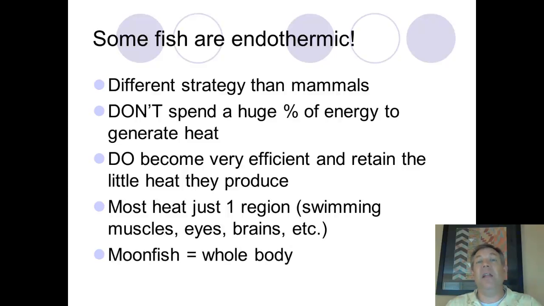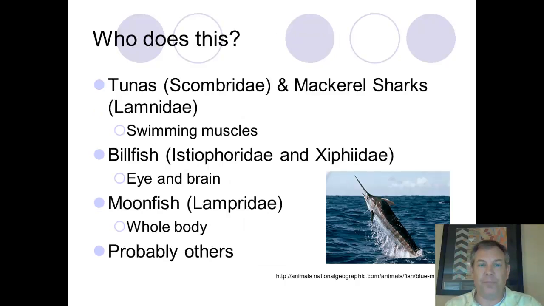Now, that is what makes the moonfish so interesting, because this is a fish, and it's probably the first one ever discovered, in which the entire body stays at an elevated temperature, and that is including the heart. And when you read the paper, they make a big deal about how the heart stays a little bit warmer, and in most other endothermic fish, that's not true.